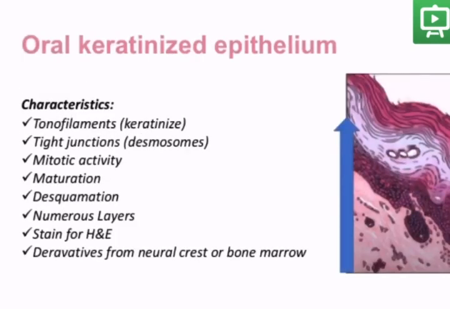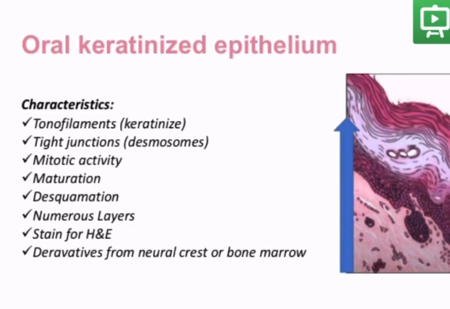So in the last lecture we have described the oral keratinized epithelium with some characteristics. Firstly, they keratinize, which means they become loaded with more keratin tonofilaments. They have intracellular junctions, notably tight desmosomes. They have mitotic activity and they divide continuously.